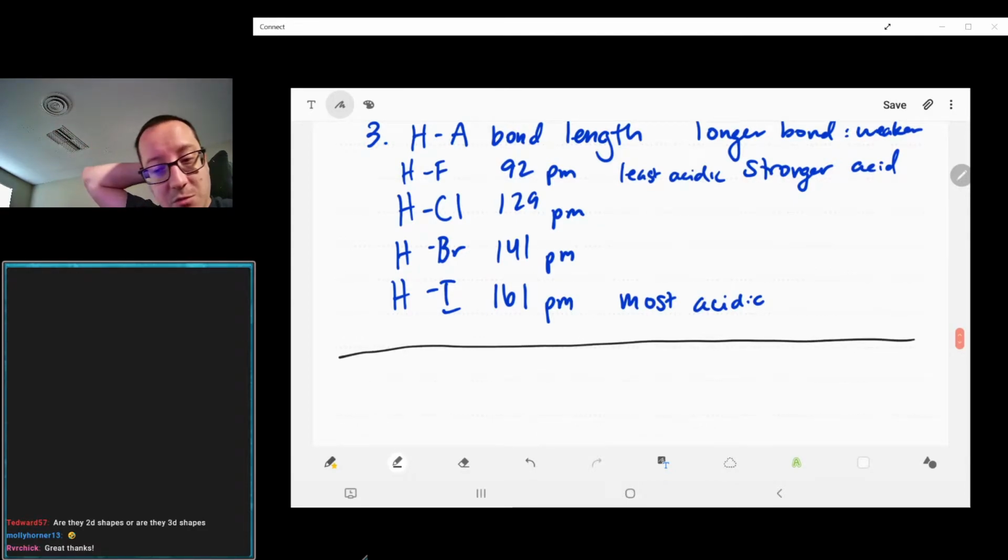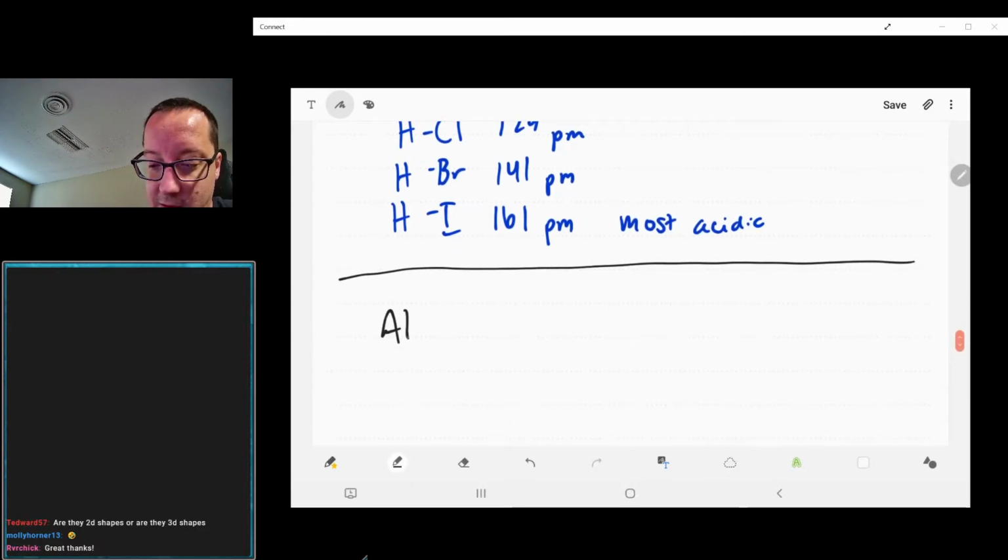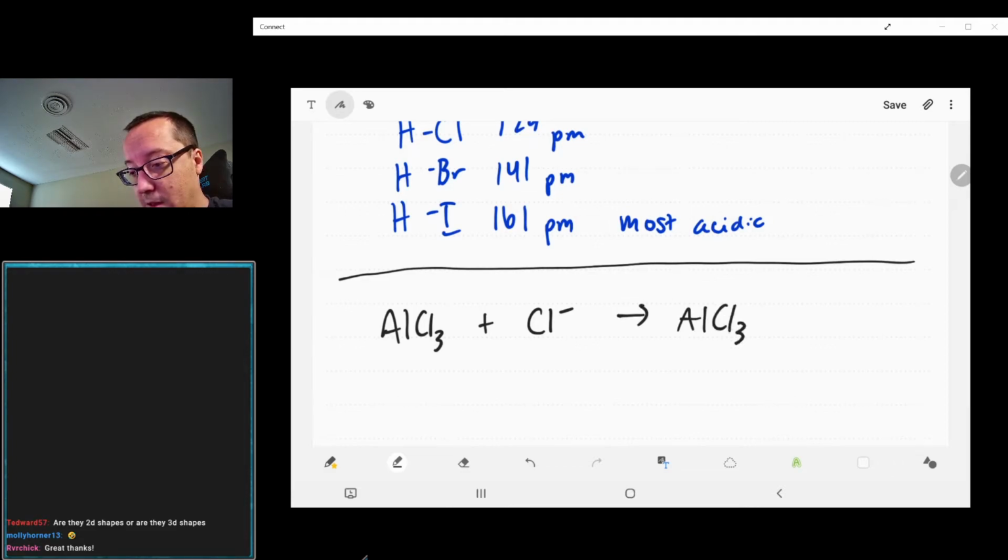I did promise you we would do a couple of Lewis acid, Lewis base things, didn't I? So let's do another couple of examples here. This is an important reaction for organic chemists in something called a Friedel-Crafts alkylation or acylation.